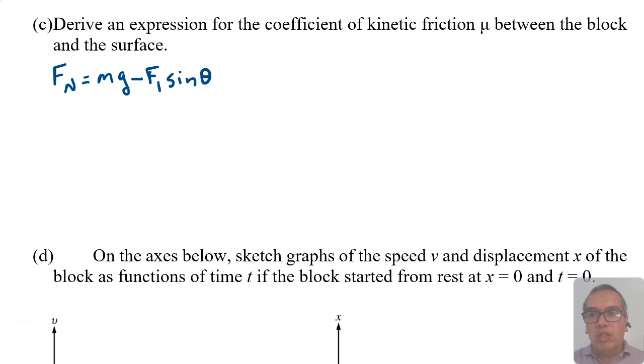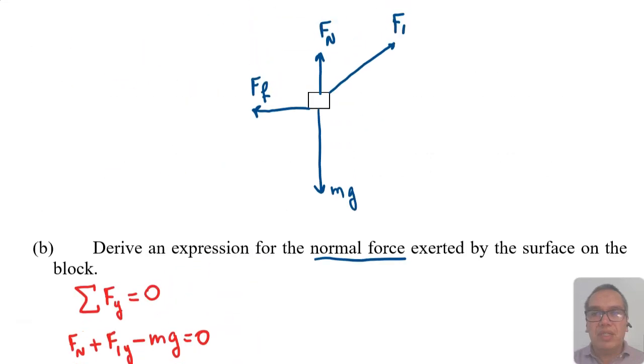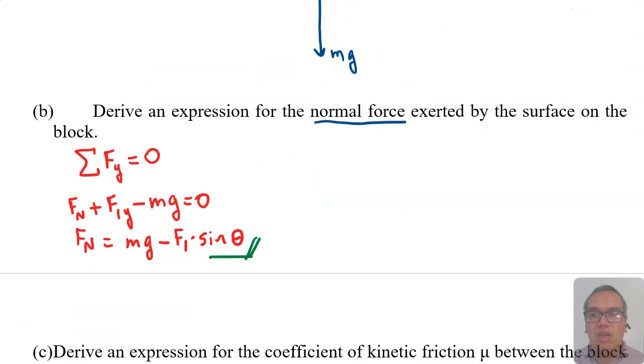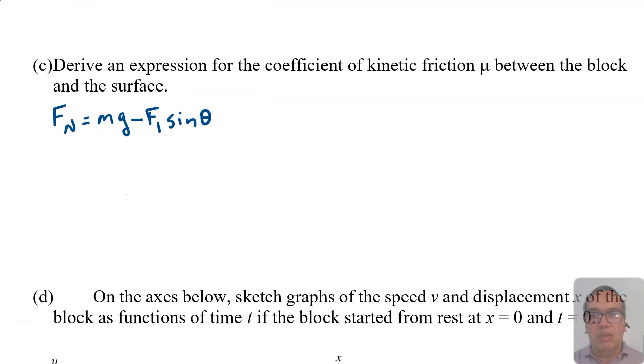Now, the x direction is a little different because they tell you that this object is being pulled and it has an acceleration. So if it has an acceleration, this is an instance of Newton's second law, not Newton's first law.